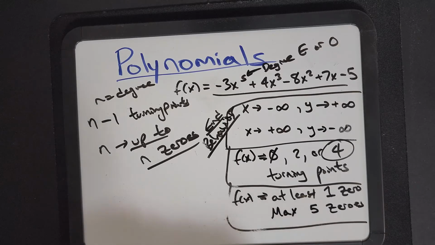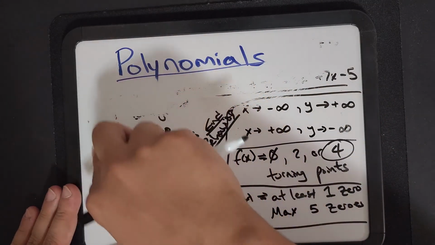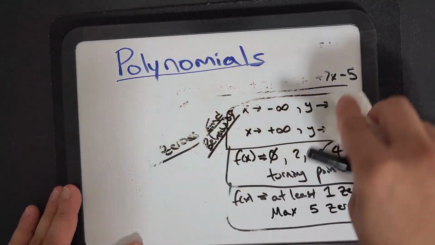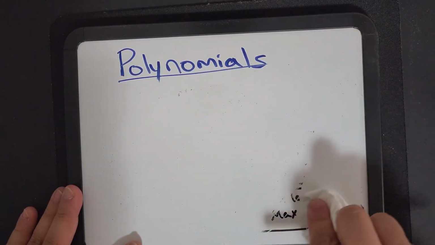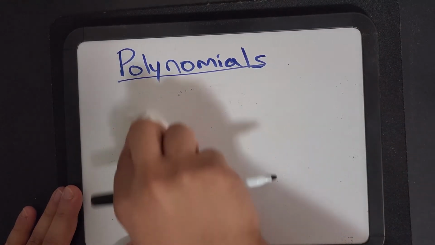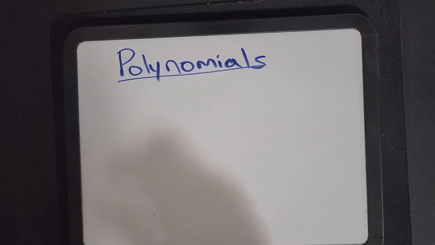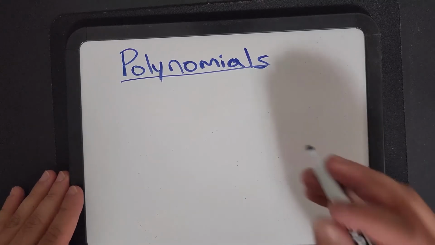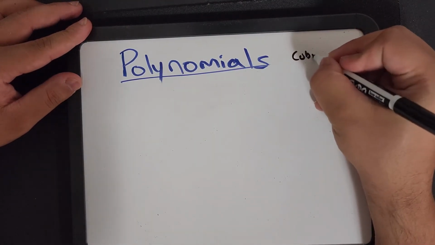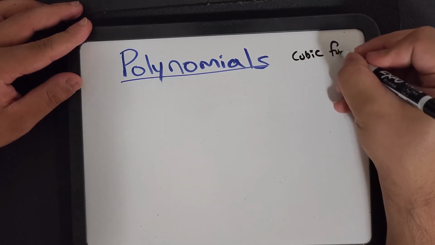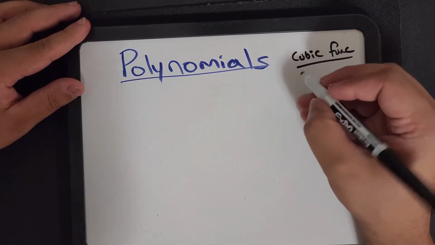Let's continue on polynomials. I don't want to finish up so quickly there. So let's say we want to have a cubic function, and we want these 3 zeros.